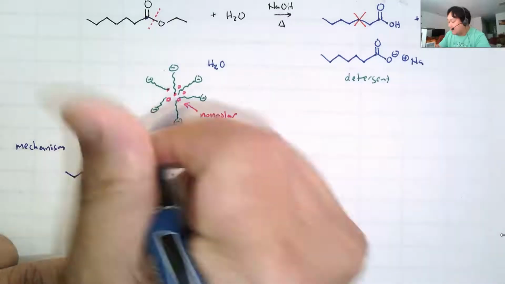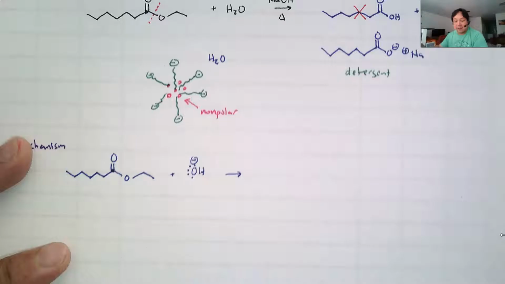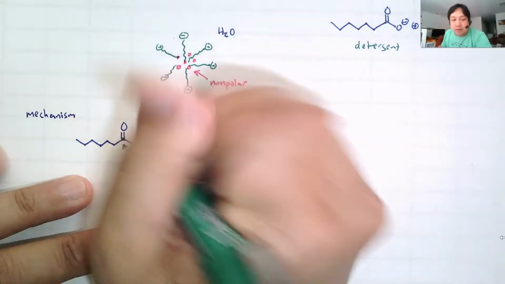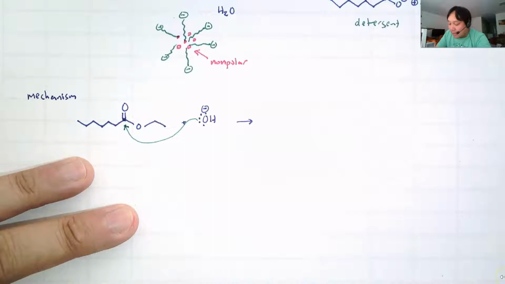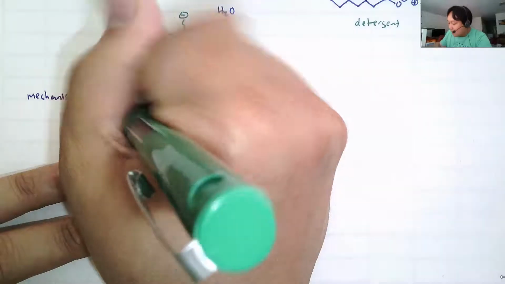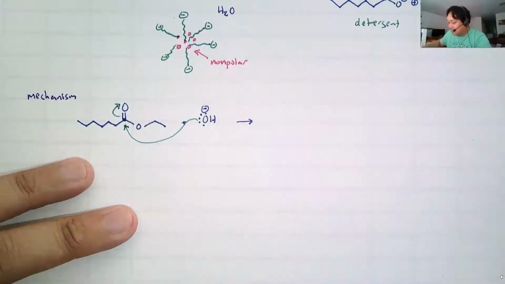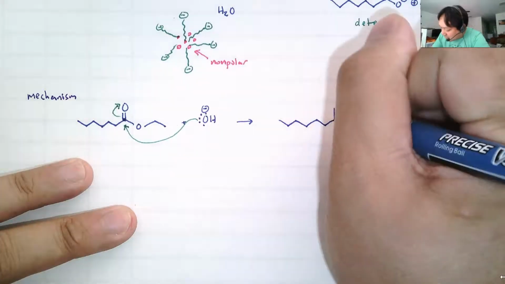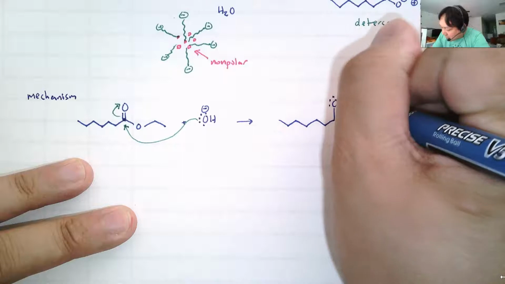And you know what happens with nucleophiles when you have these derivatives? The nucleophile is attracted to the partial positive carbon. And what do you make? It begins with a T. You make some type of intermediate called the tetrahedral intermediate.